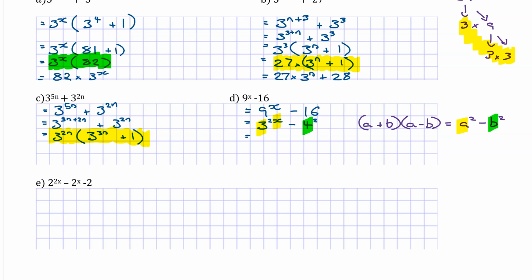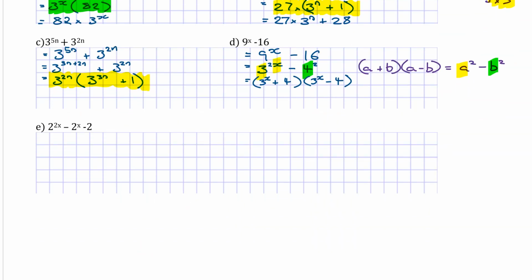So rewriting that out, we're going to get 3 to the x plus 4, and then 3 to the x take 4, and this would be our simplified form right here.